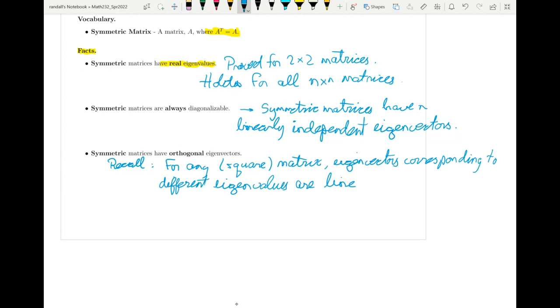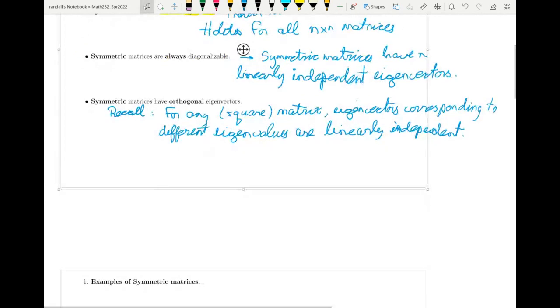We didn't prove that, it's a little bit long, but I think that's a remarkable fact. So they're linearly independent automatically. Let me just finish this up, then I'll come back to symmetric matrices.